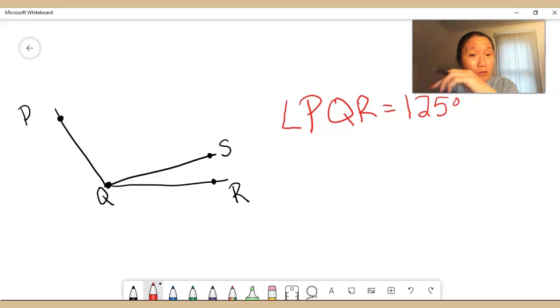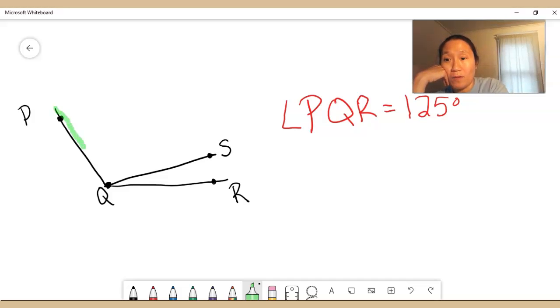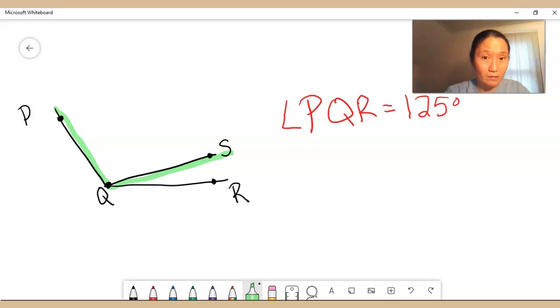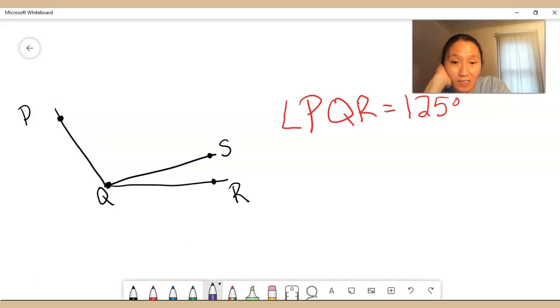Now, I'm also going to give you some nice information because we have to give you something. I am also going to give you the angle for PQS. I'm going to write that in a slightly different color.